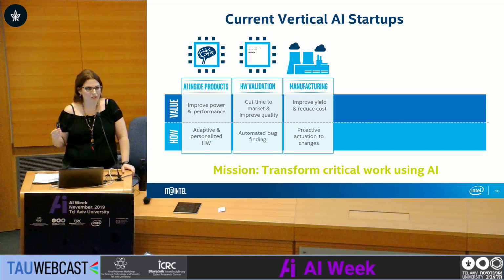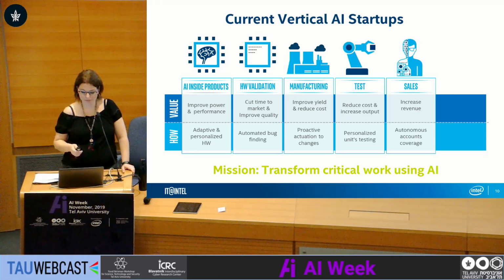The outcome of such personalized testing is our ability to, first of all, increase the output of the factories, improve the quality, and reduce the overall cost, because we're making a very precise decision as to what should be tested and how much.